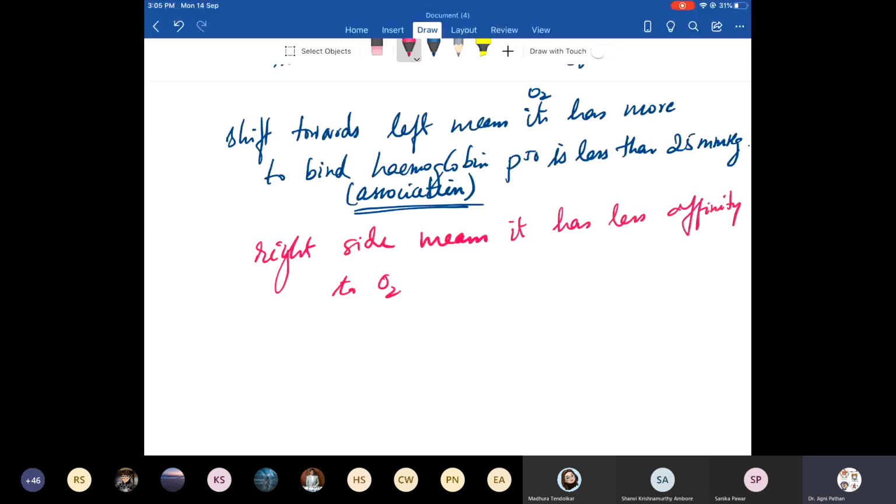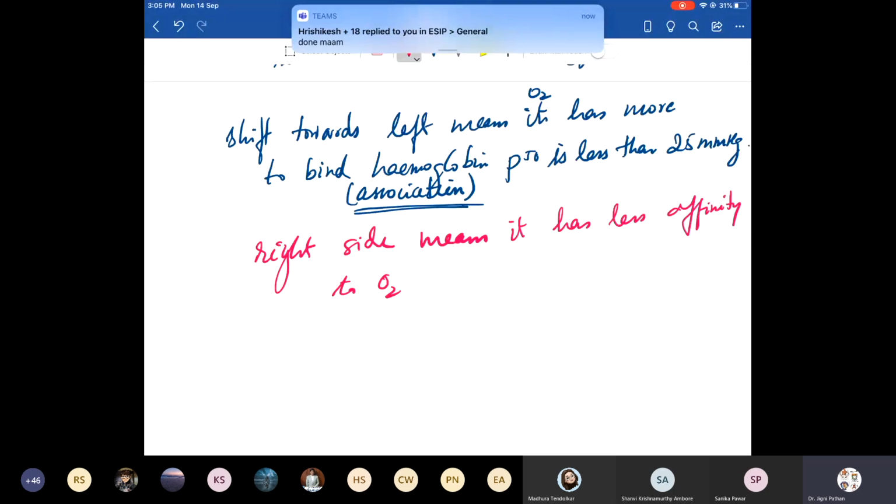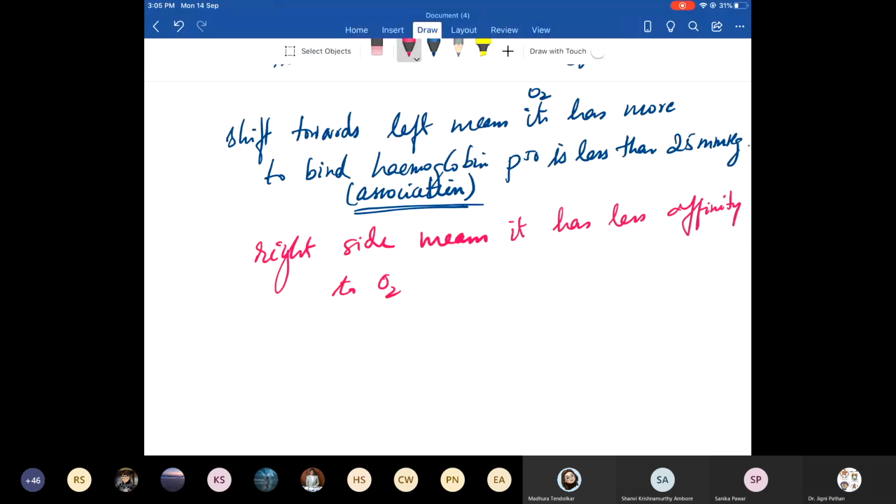I'll give you a few seconds to revise this before I move to the next. All clear? That's really nice. Okay, but finally, when it is binding completely, the curve will go along the black one, right? Done. Okay, let's move to the next.